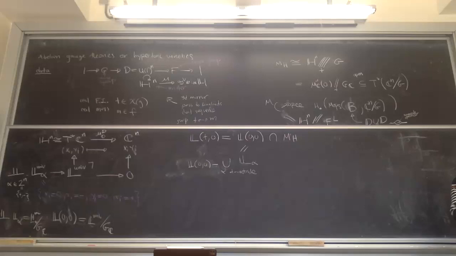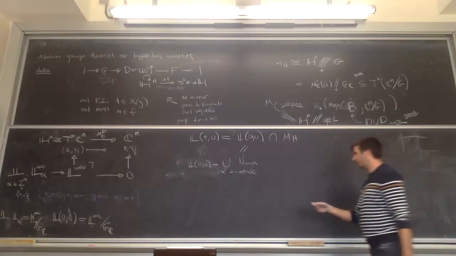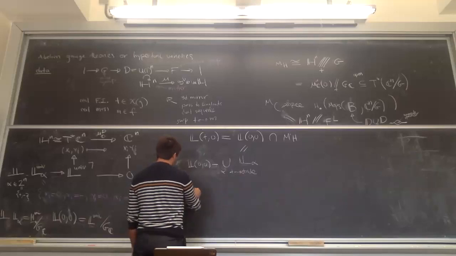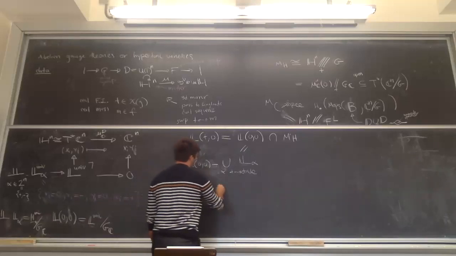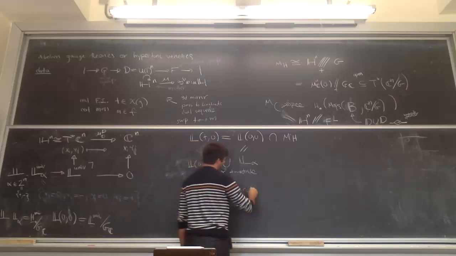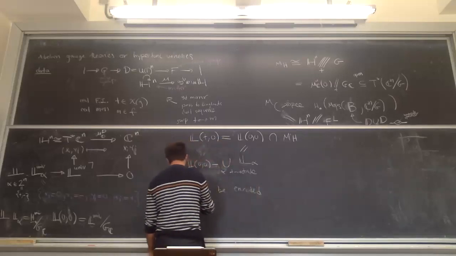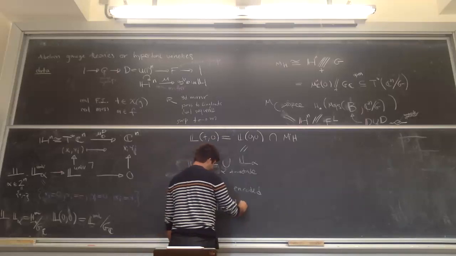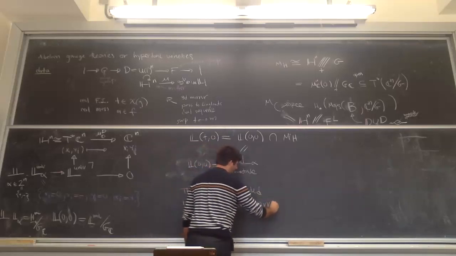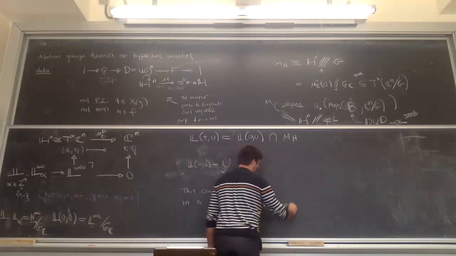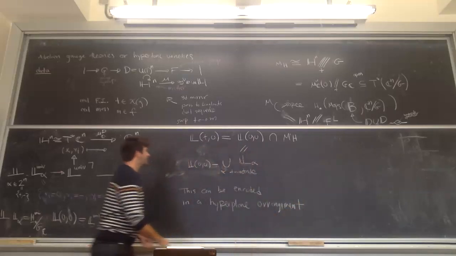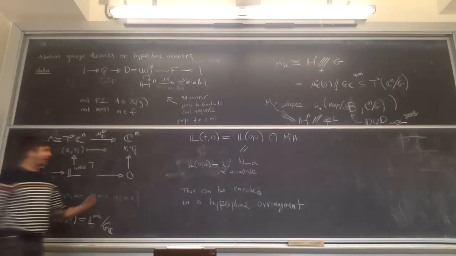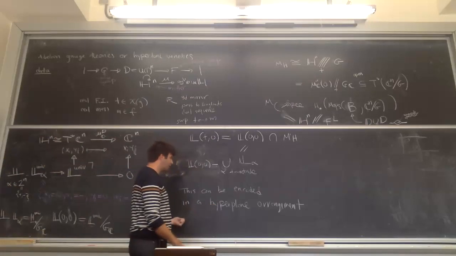It's kind of weird. Okay, let me now draw a picture of this. All right. So this combinatorics can be encoded in a picture. And the picture that I want to draw is actually just a hyperplane arrangement. Basically, you don't need to remember any of this because I'm going to draw for you a picture that tells you everything that you should have learned.